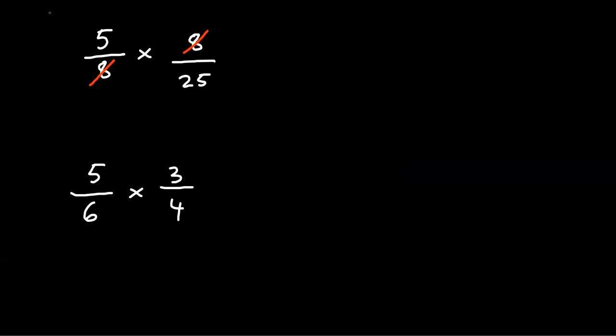And then we can see that there's a common factor of 5 for these numbers. So we can simply divide both numbers by 5. That would become 1, and that would become 5. So the whole fraction simplifies to 1 over 5.